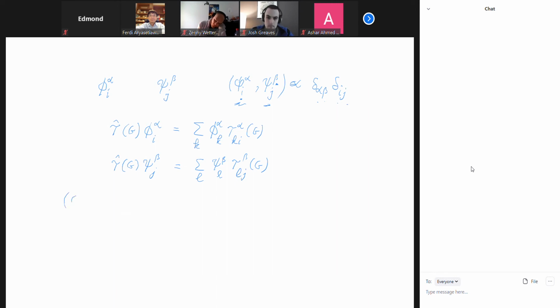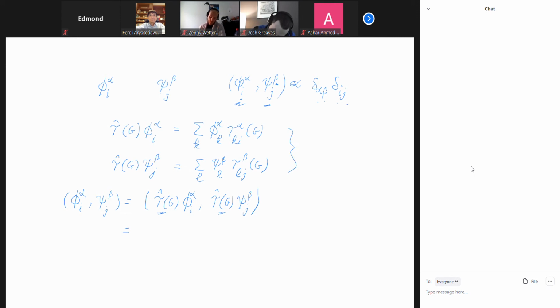So this means that if you look at the dot product between these two functions, that is just the same as this dot product, because I'm just rotating the function by the same symmetry operator, so the dot product is not affected by this rotation. So this is then equal to, I just use this formula here, plug it in here.